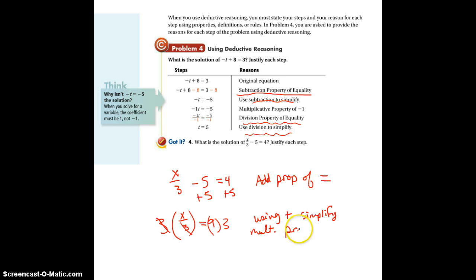Multiplication property of equality. And we get x equal to 27. All we need to state there is that we are using multiplication to simplify.